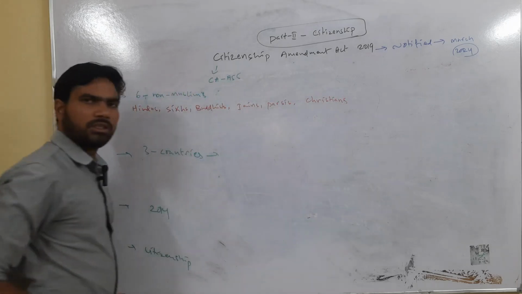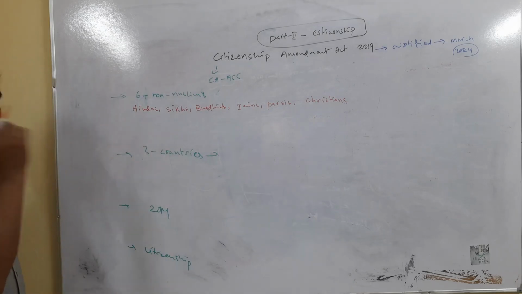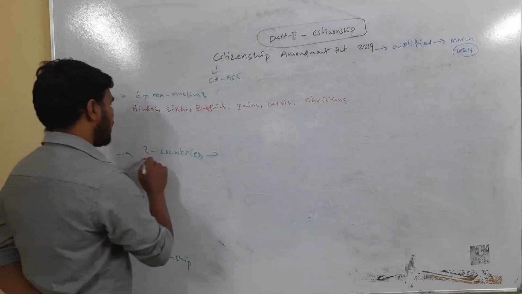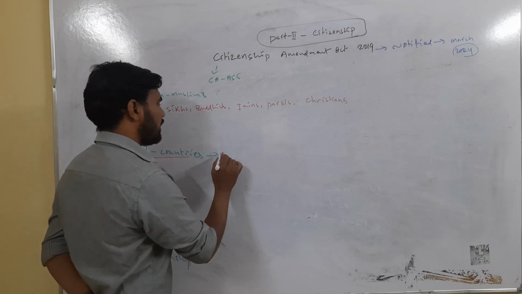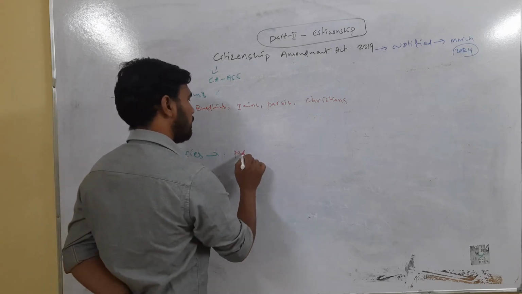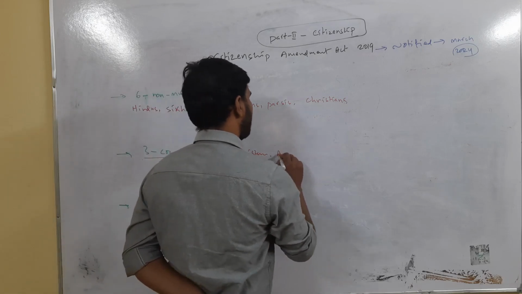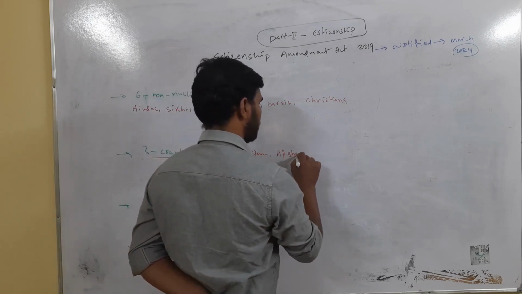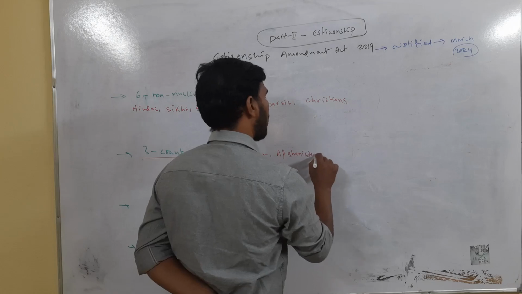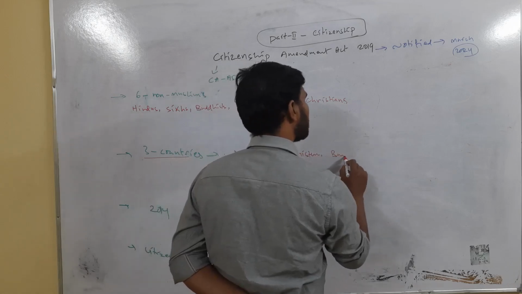These 6 religious groups, first, people of these 6 religions from 3 countries. People are fleeing these 3 countries: Pakistan, then Afghanistan, then Bangladesh.